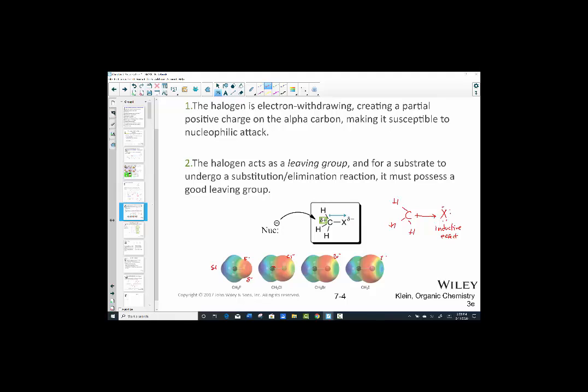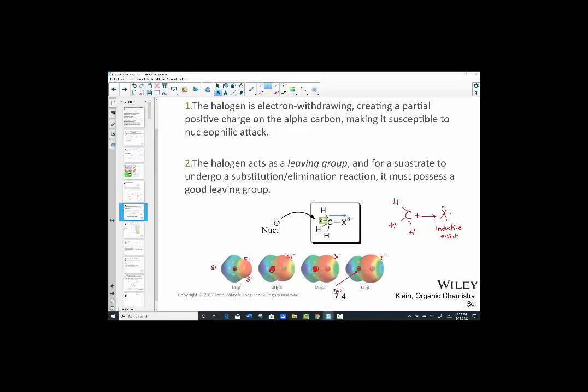The purpose of this graphic is to show you how positively charged the carbon is, making it a very nice target for a nucleophile. Nucleophiles seek positive charges. Based on the electronegativity difference of that polar bond, the carbon becomes electrophilic.